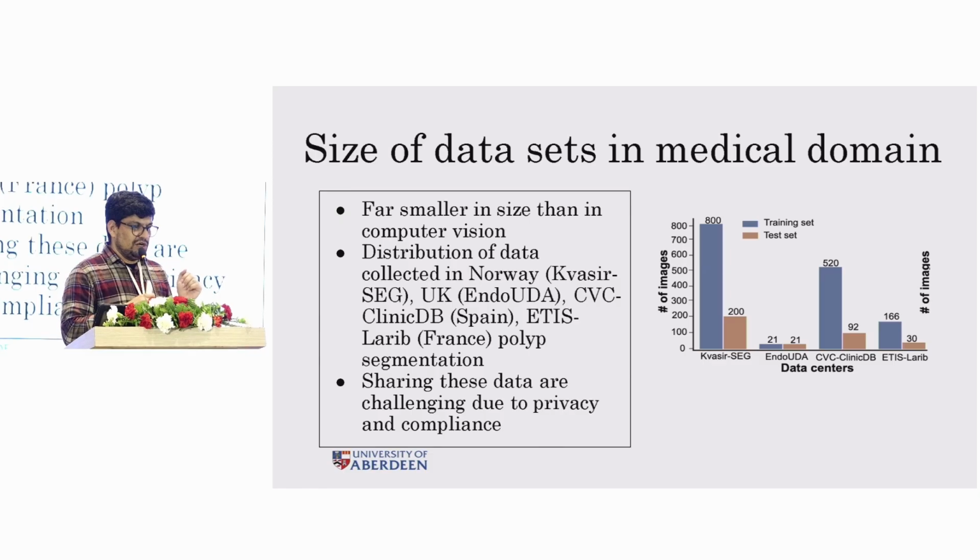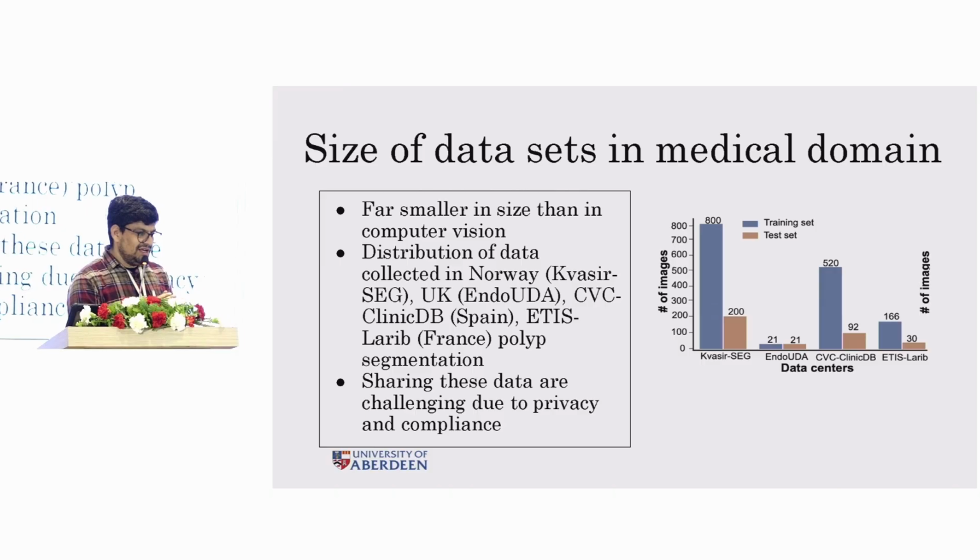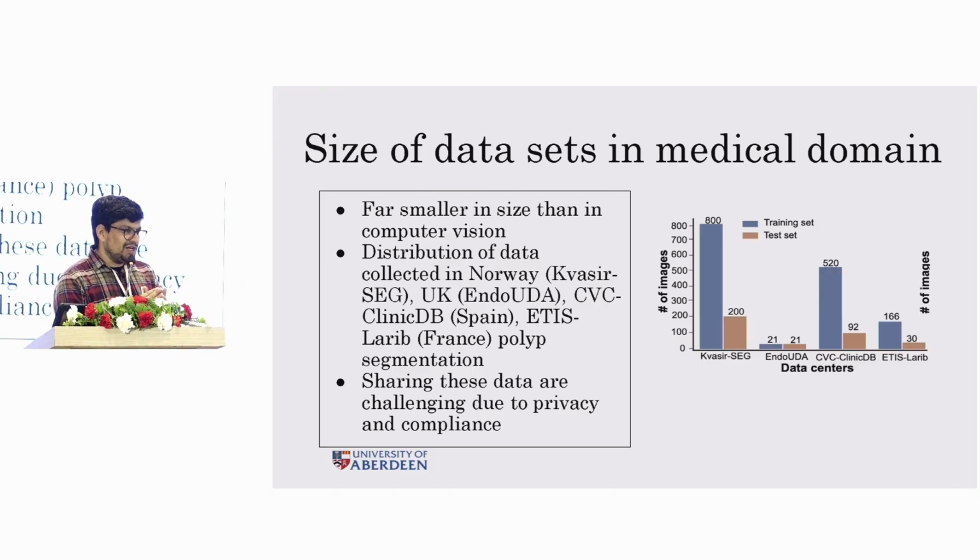If you look into this slide, these are different datasets for the GI tract, colonoscopic datasets collected in different centers. Now see here, the number has come all the way down from a few hundred million to a few hundred.